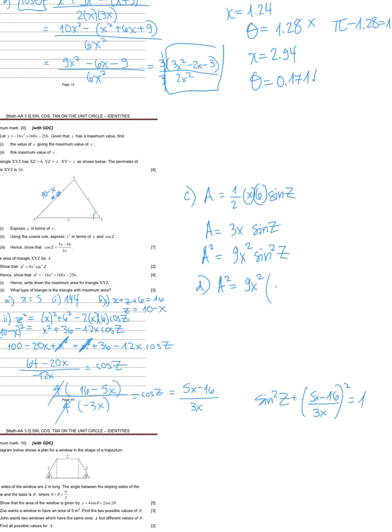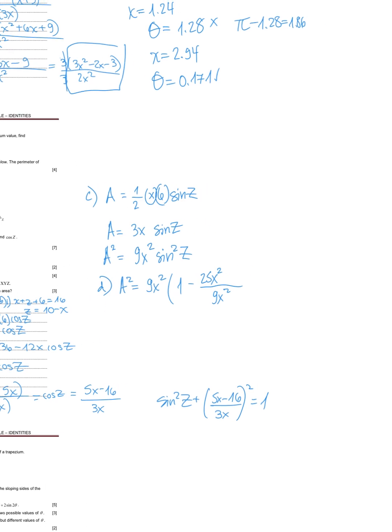So we're going to have 1 minus, and this is going to be 9x squared on the bottom, and just doing 5x minus 16 squared, that's 25x squared minus 160x plus 256. Oh wait, no, that might be 180 actually. Yeah, wait, is it? No, that is 160, sorry.